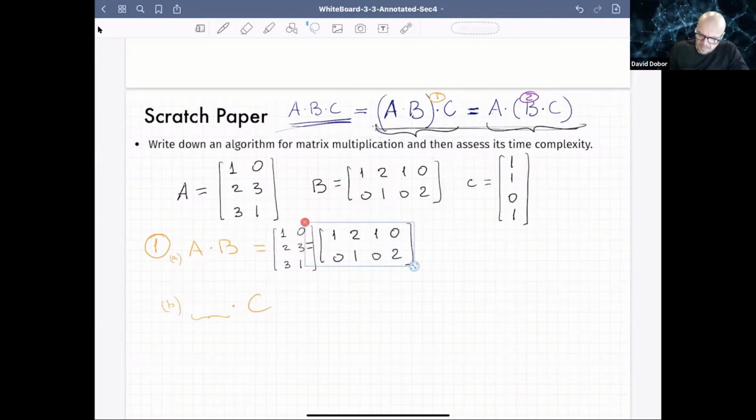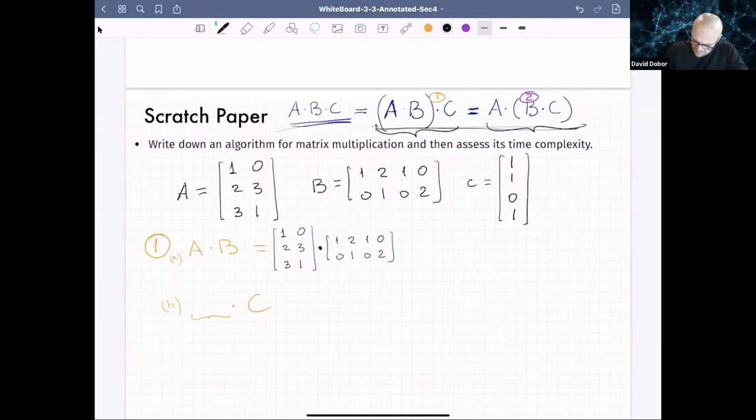Let's just multiply them. Somebody help me: what will the result be? It will be tall. It will be 3 by 4. So I will have 12 entries.